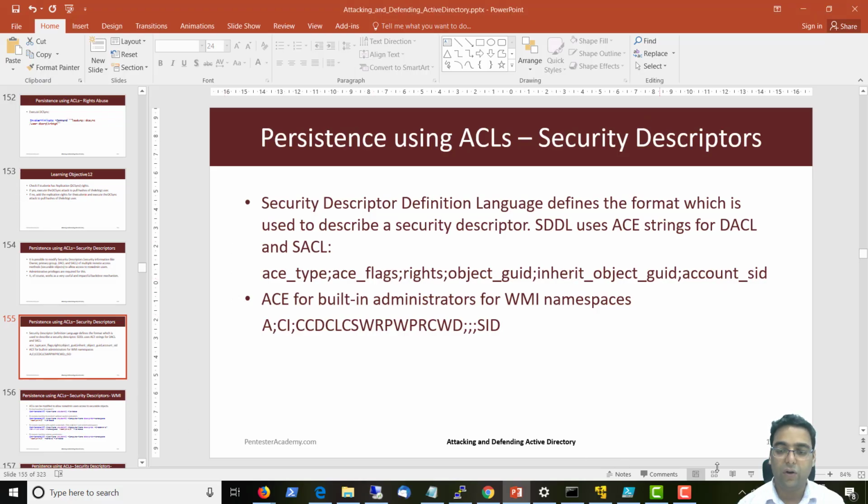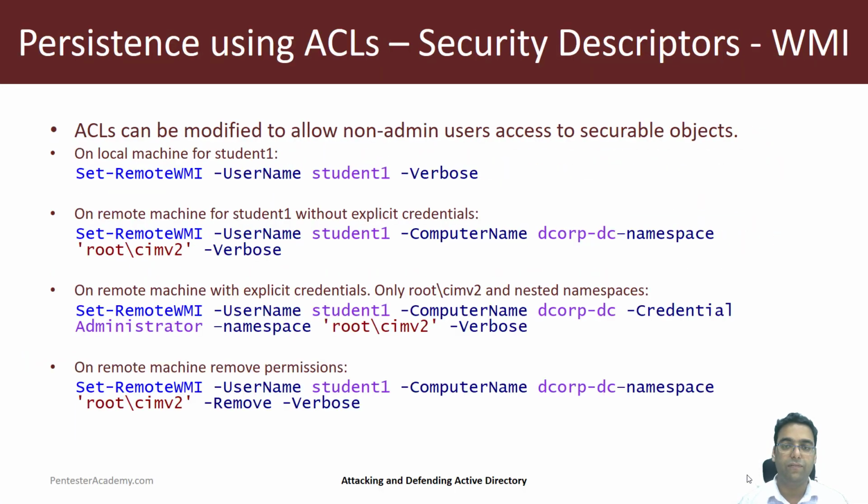Now let's have a look at how we can do it with the help of a script. Set remote WMI is a script which I wrote to simply implement whatever we have seen now, that is, to modify the DCOM ACL and the namespace ACL to provide a non-admin user access to WMI securable.